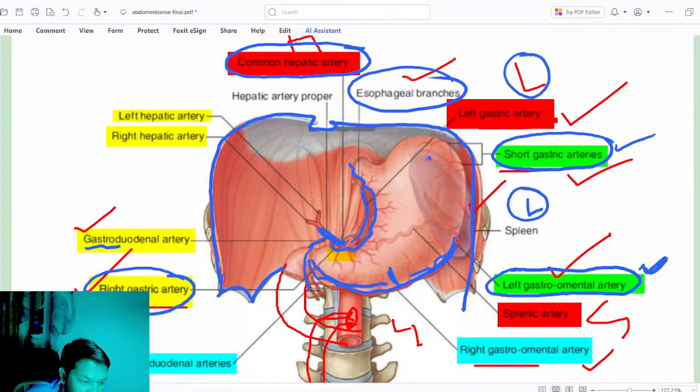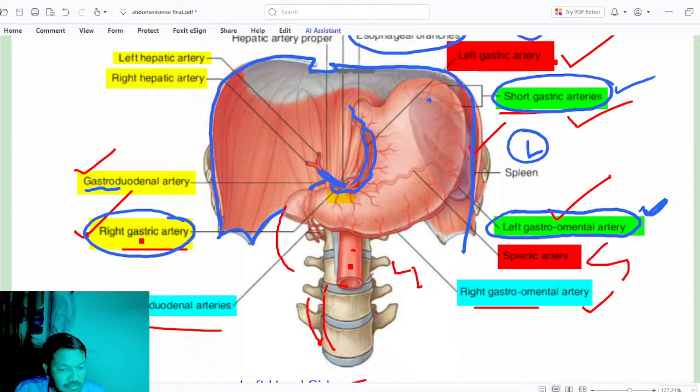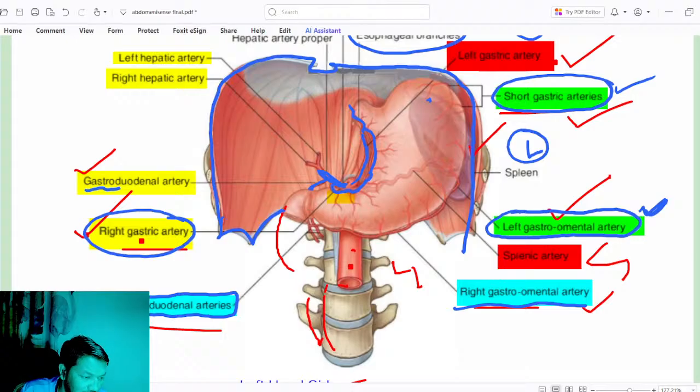So one branch of the gastroduodenal artery gives supply to the greater curvature of the stomach, and another branch goes inferiorly to give supply to the pancreas as well. That's why its name is superior pancreaticoduodenal artery. So again, the gastroduodenal artery comes from the common hepatic artery and gives two branches: one goes through the greater curvature, named the right gastroepiploic artery, and the other gives supply here.